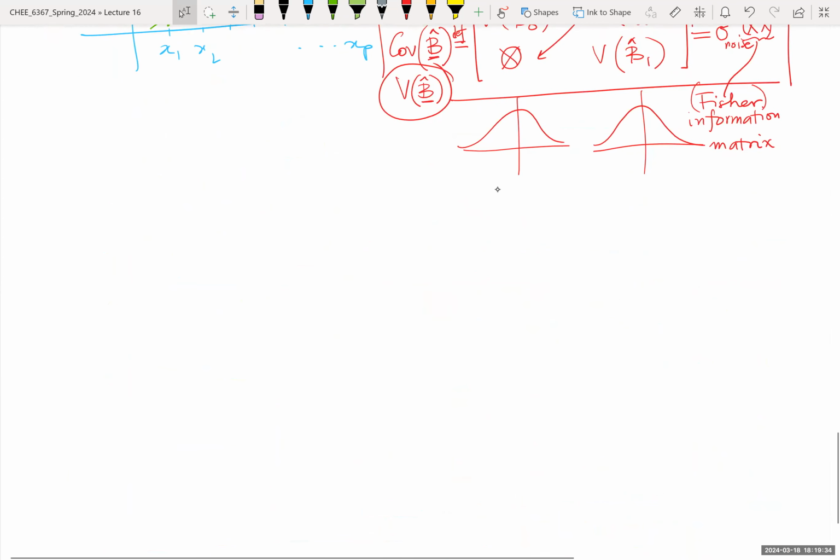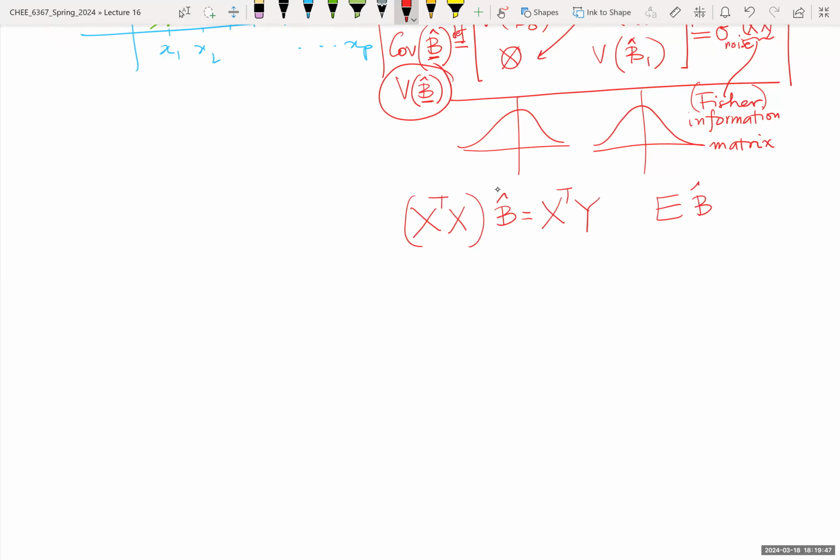So let's write it in general. The estimator is X transpose X times that vector beta hat equals X transpose Y. Then the expected value of beta hat, if the model structure is correct, is actually the true values of the vector beta, the actual values.